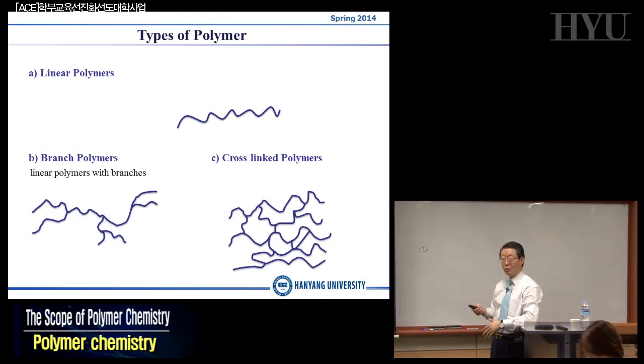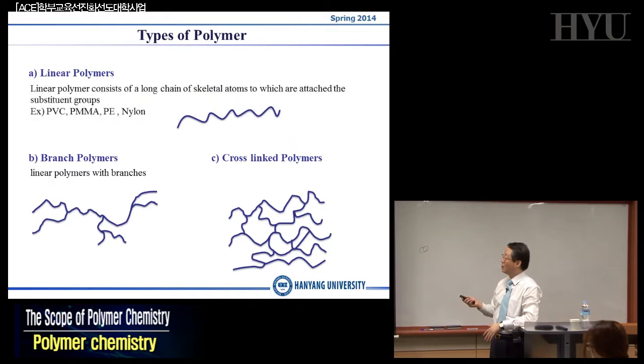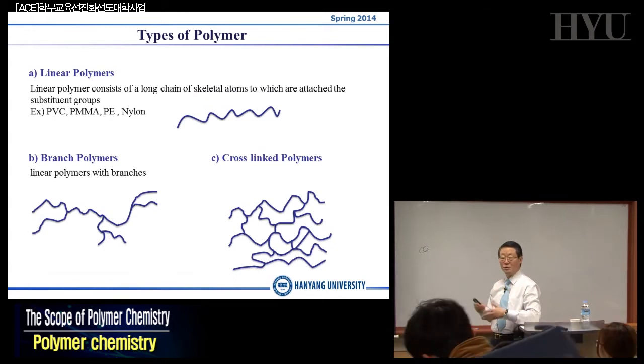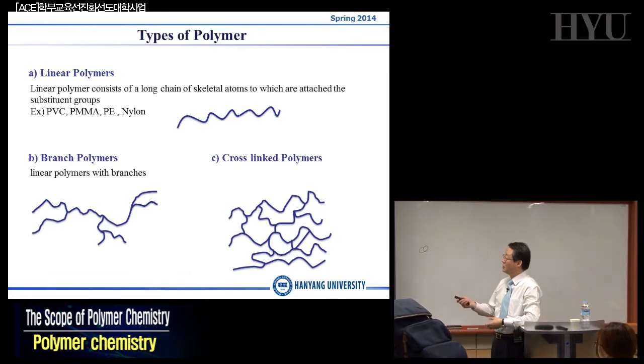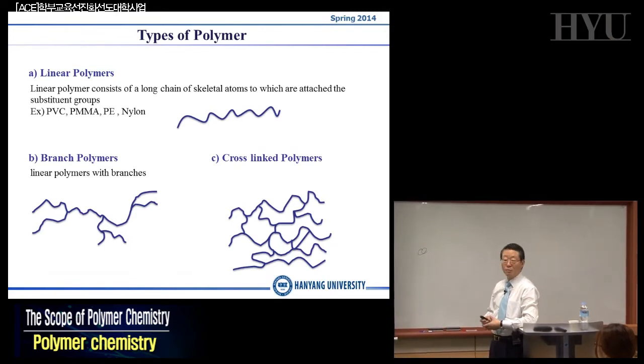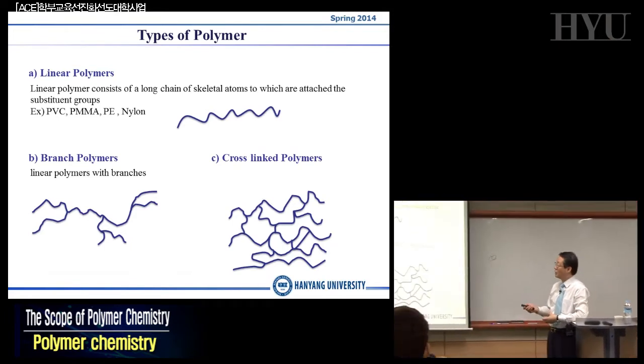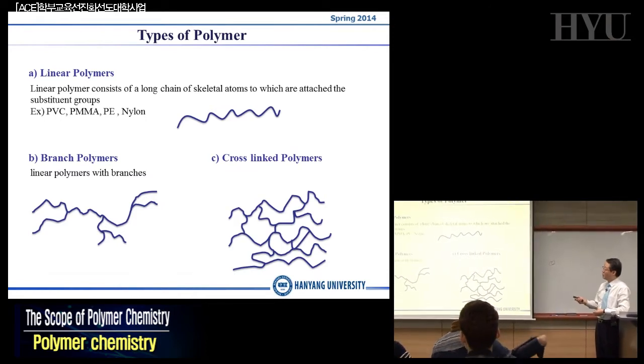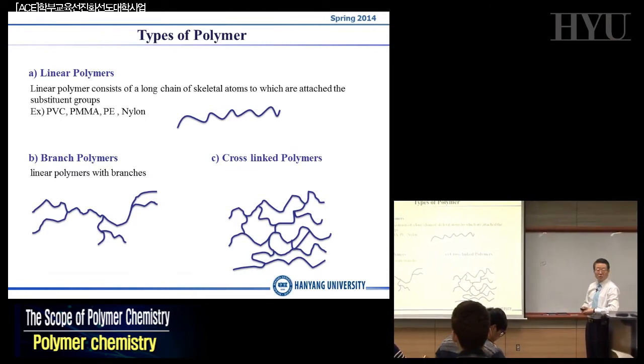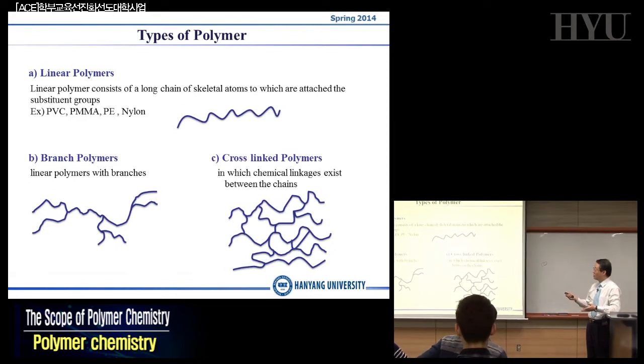So if I describe it, a linear polymer is one that has linear skeletal atoms to which these structural units are attached. Examples are polyvinyl chloride, polymethyl methacrylate, polyethylene, nylon, and so on. Cross-linked polymers are ones where all these chains are linked together.